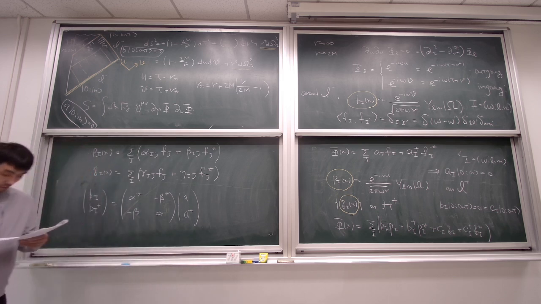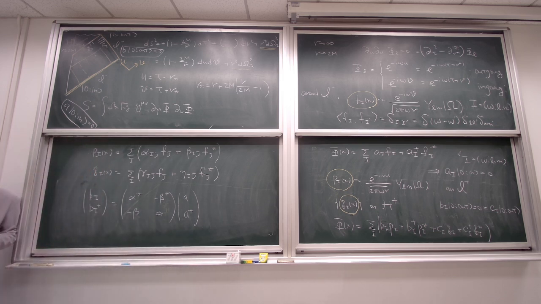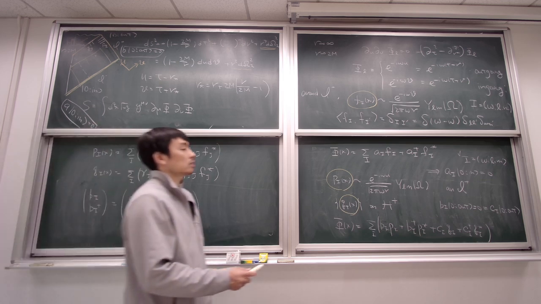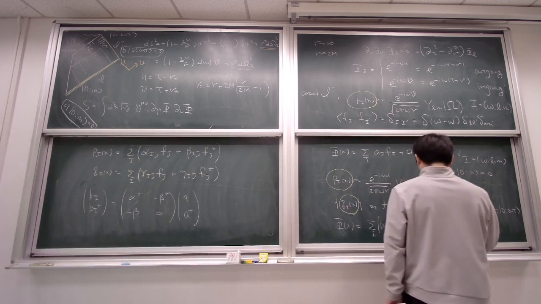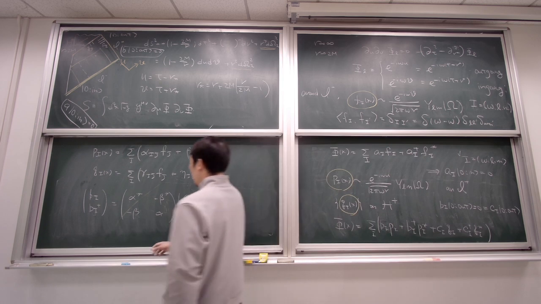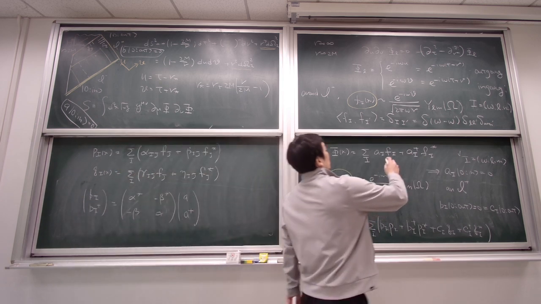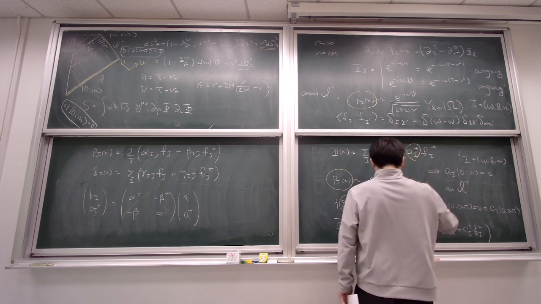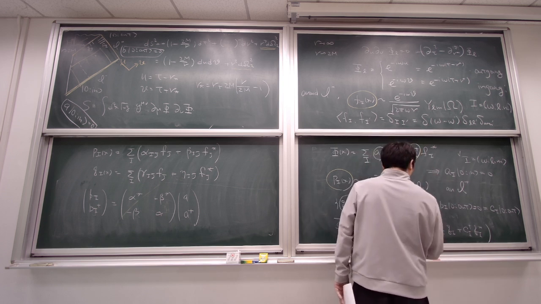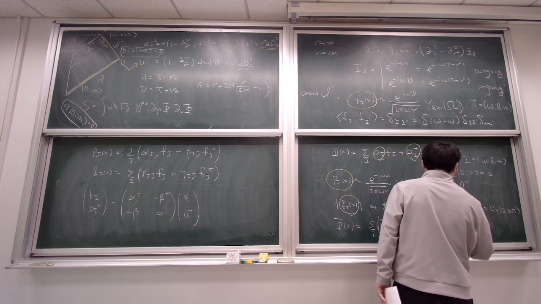The same thing happens in the Ci mode, so we can do the same for Ci and relate a dagger to B or C dagger.